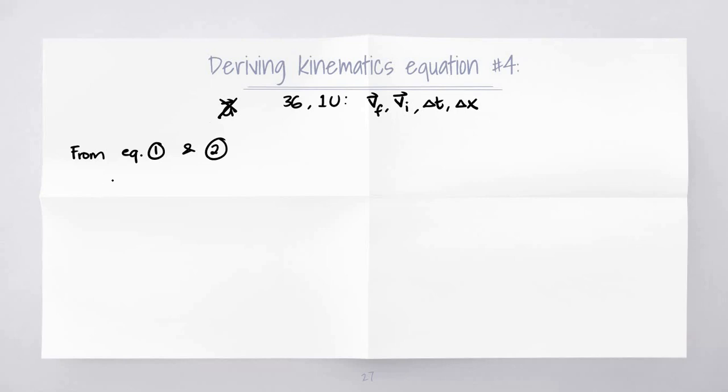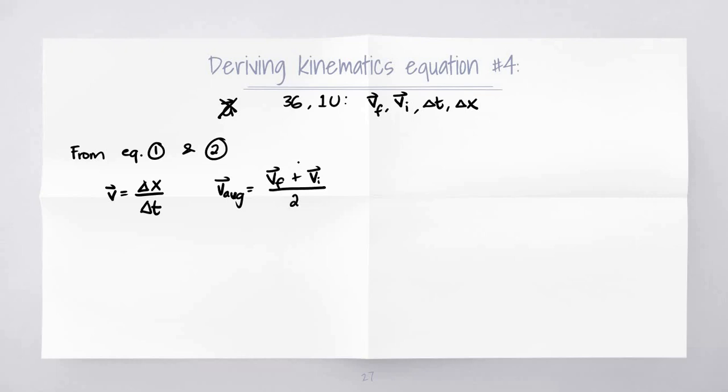What is equation number 1? Equation number 1 is the formula for velocity, that's v is equal to delta x over delta t. And equation number 2 is the formula for average velocity, that's final velocity plus initial velocity all over 2.